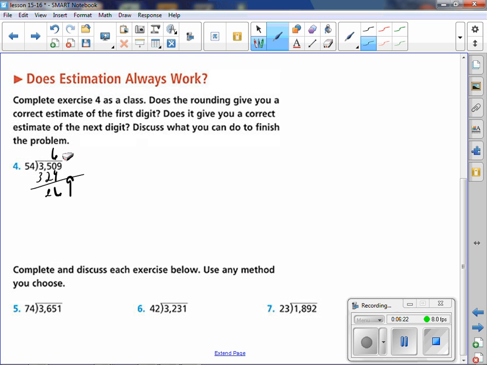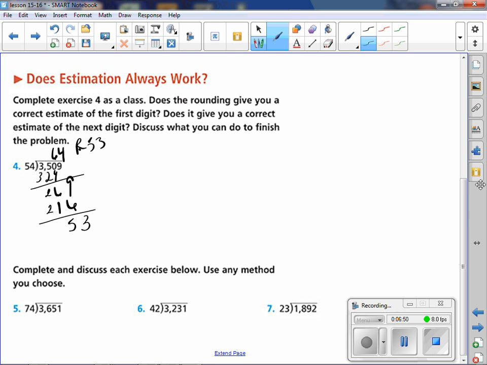So I have to bump down again. I'm going to go 4. 54 times 4 is 216. And then I get 53 left, which is too small for 54. So this is my remainder. Sometimes estimating doesn't work and you have to adjust a little bit.